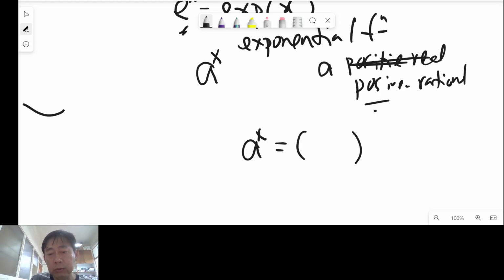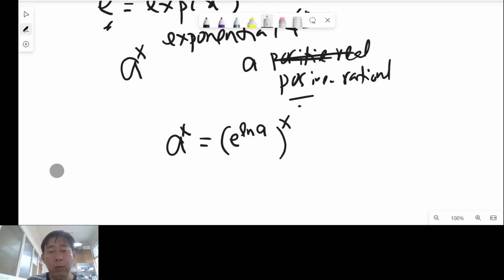So a to the power x equals, I retain the x outside, and what is inside here should be a value of x. I'm going to take the exponent and I take the log of a. The exponential of log of a gives me back a itself. It's just that I rewrite a in terms of e raised to the power of ln a. Okay, so that is the way I do it.